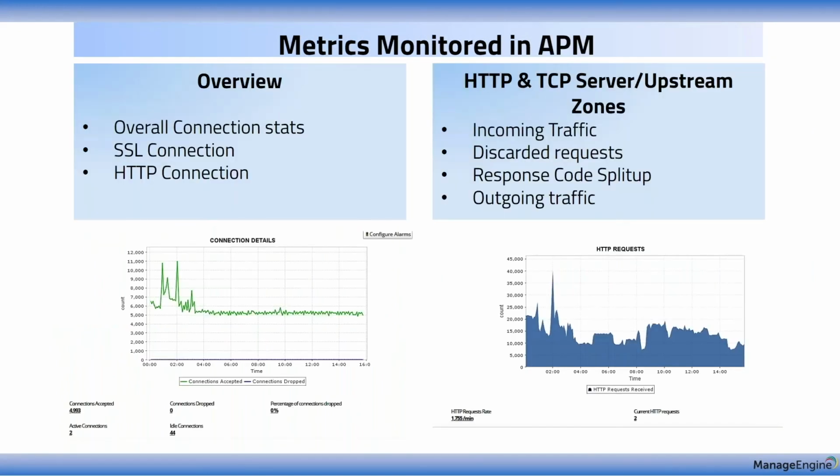So the primary metrics that we can monitor in Applications Manager are connection statistics, which include SSL connection and HTTP connection, and the upstream zones value, which includes the outgoing traffic and the incoming traffic.